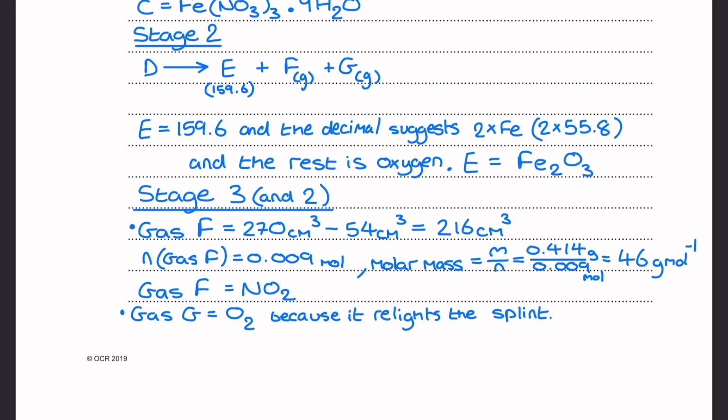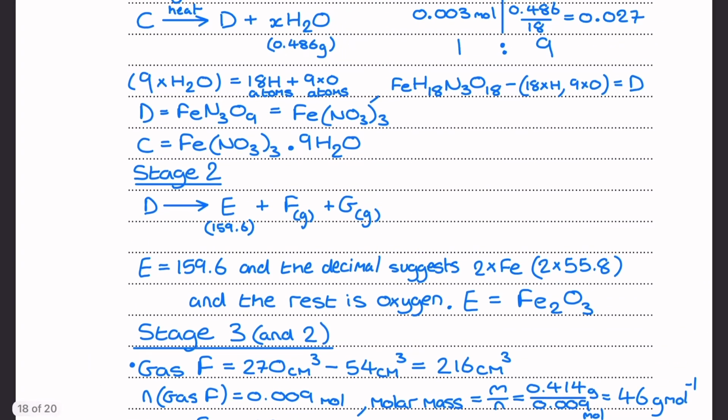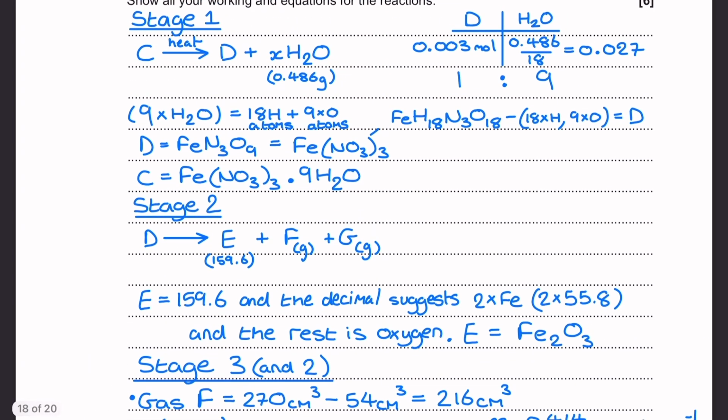Now, this is where it gets quite complicated. In stage 2, we were told that D, which we know is Fe(NO3)3, decomposed to E, F and G. E contained iron and oxygen, which means F and G contained nitrogen and oxygen only.